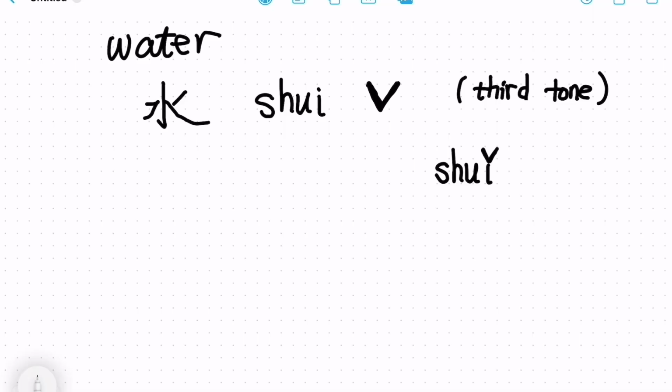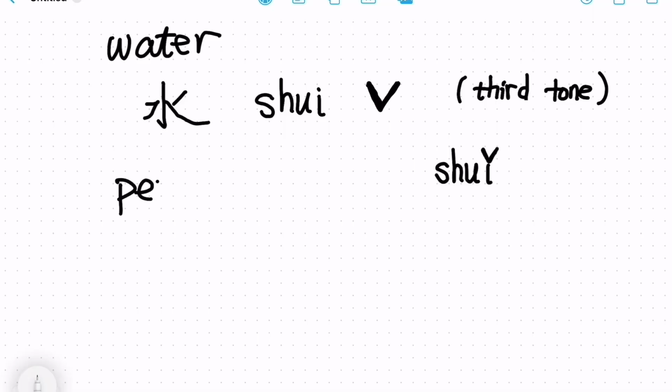Shui. It means water. And I think it's okay if you don't remember the tone and you just make up your own tone. It just means that you will have your own accent. So it will not sound like Chinese, but like an American accent or British accent. I don't know. You will have your own accent if you don't follow the tone.